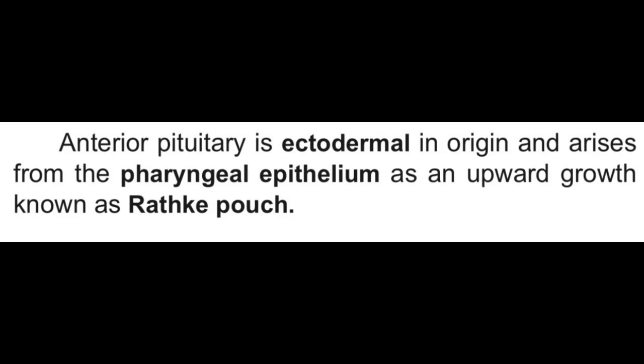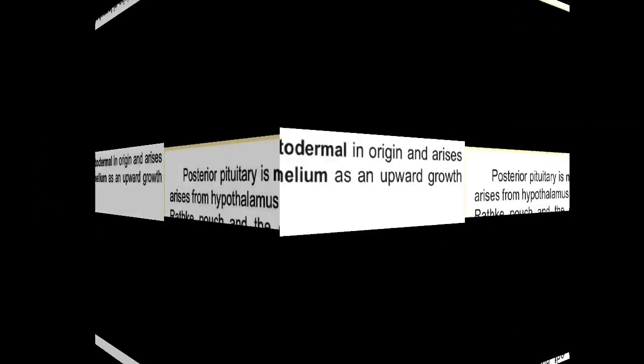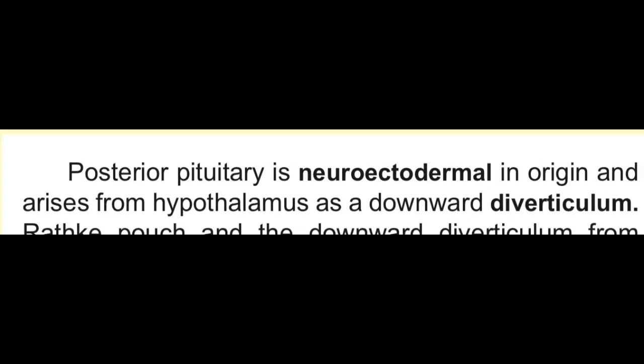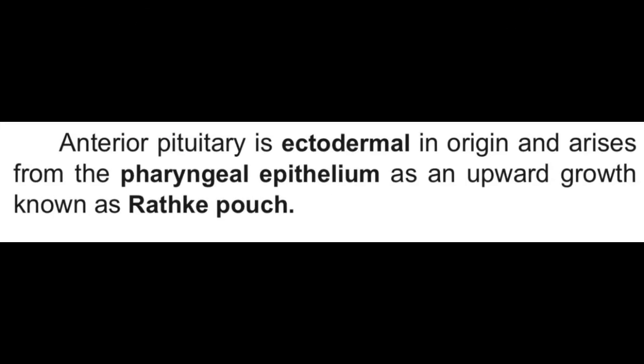The anterior pituitary, or adenohypophysis, is ectodermal in origin, while the neurohypophysis is neuroectodermal in origin. The adenohypophysis arises from the pharyngeal epithelium, from Rathke's pouch.